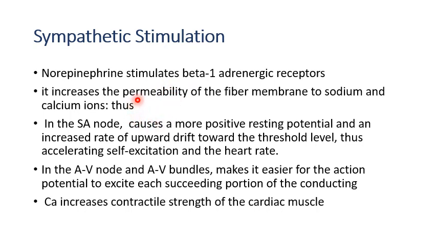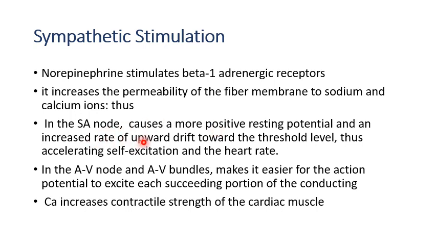easily excitable. So if we look at the SA node, this will cause a more positive resting membrane potential, so the resting membrane potential will be closer to the threshold, and that will accelerate the self-excitatory capability of the SA node. Why?